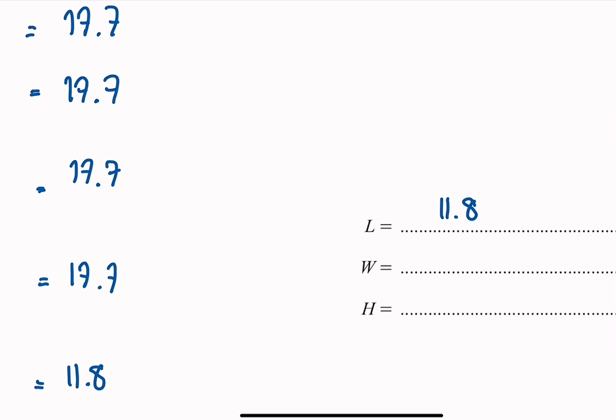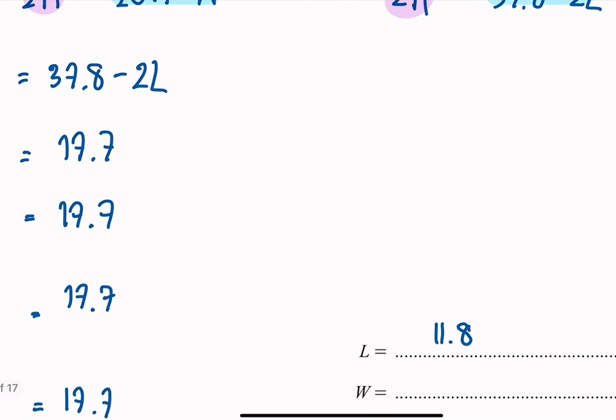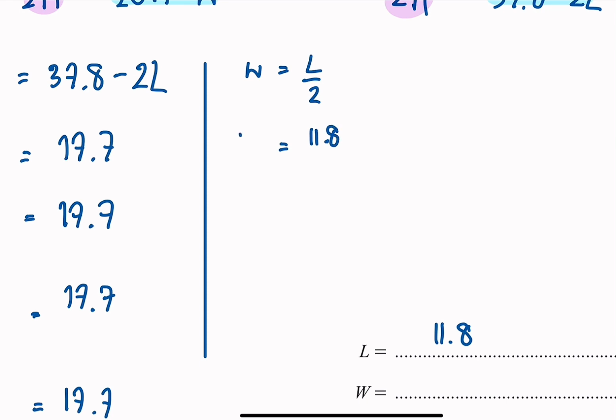And because W to L is equal to 1 over 2, therefore W is L over 2. L is 11.8. So W is equal to 5.9.